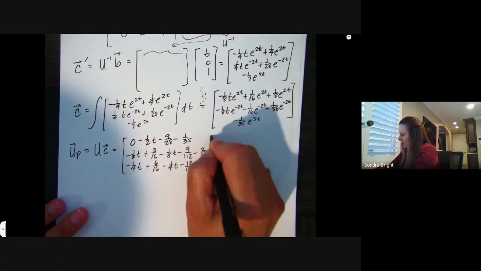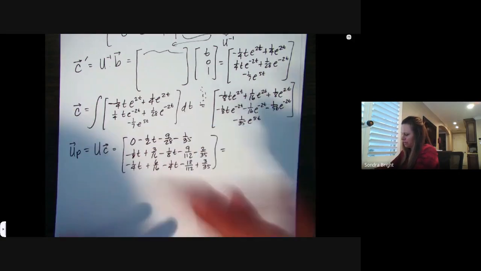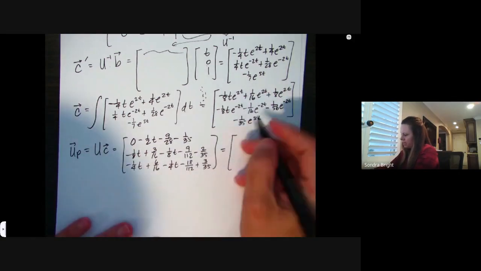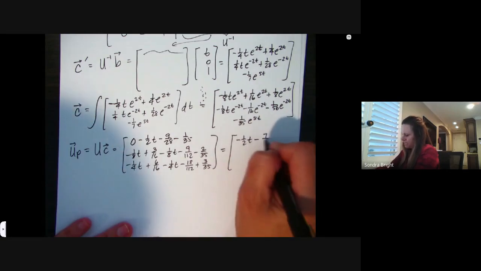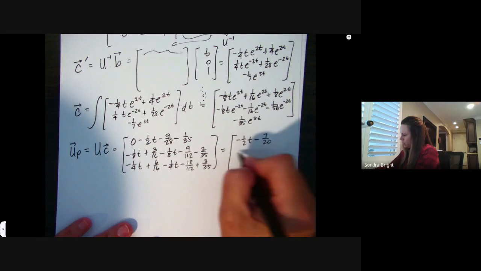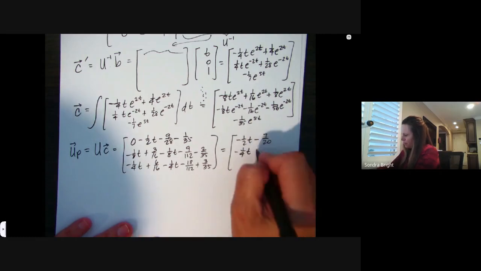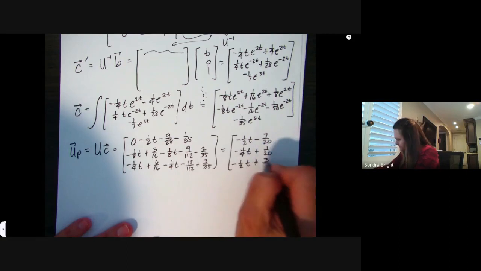Even if these terms are all a little bit mixed up and different, your final answer will be negative 1/2 t minus 7 over 20. Second row is negative 1 over 4t plus 1 over 20. And the third row, negative 1/2 t plus 3 over 10.